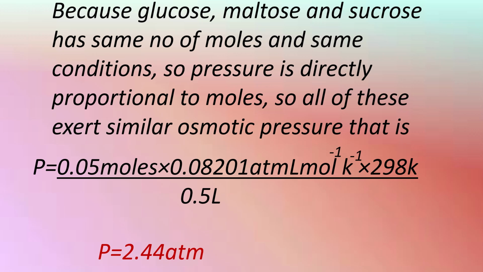Because glucose, maltose and sucrose have same number of moles and same conditions, pressure is directly proportional to moles. So all of these exert similar osmotic pressure. That is because in solution 1 moles are 0.05 moles, solution second 0.05 moles, solution third 0.05 moles. When we put these values in the formula, we put 0.05 moles into R value into temperature divided by volume.